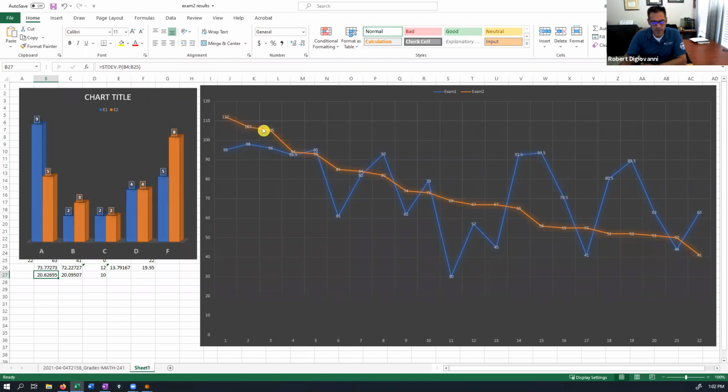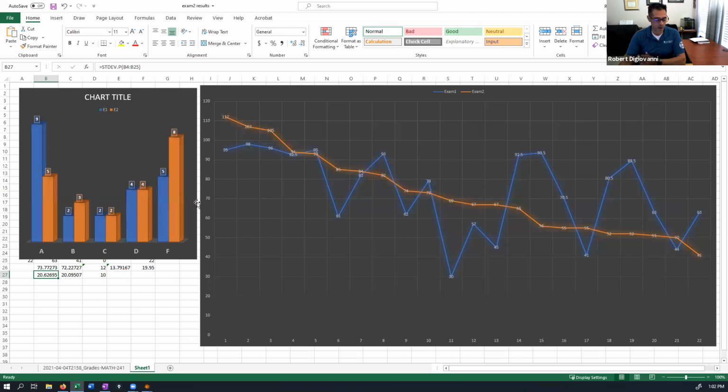The orange represents the grades on exam 2, from highest to lowest. The highest grade was a 112, and the lowest was a 41. The blue shows what that student got on the first exam. For example, the student who got the highest score on the second exam got a 95 on the first exam. This student got an 82 on the second exam and a 93 on the first exam.